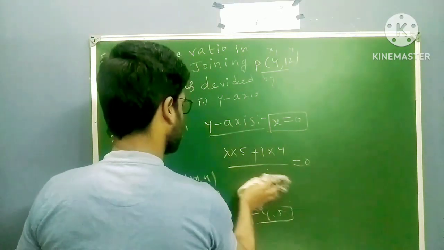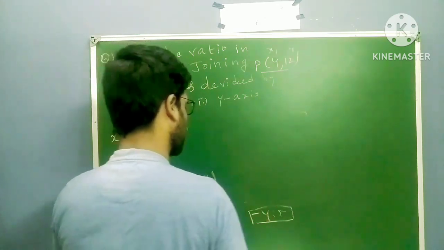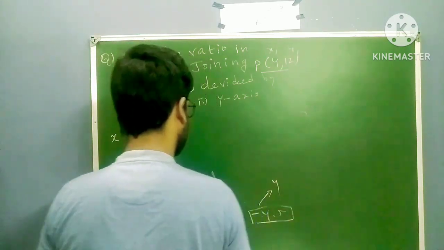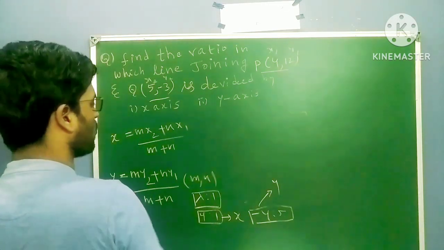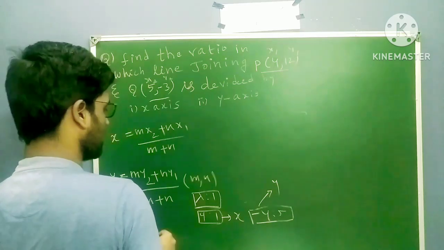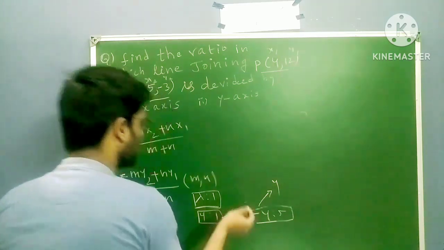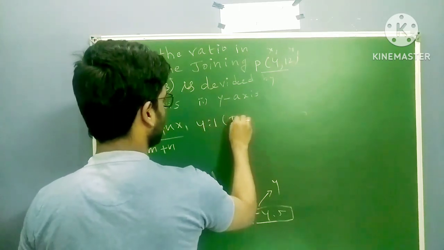How do you have to represent these? This is for the y-axis and this is for the x-axis. For the x-axis, 4:1, both are positive. When both are positive, this is internal, so in brackets next to 4:1 you write internal.